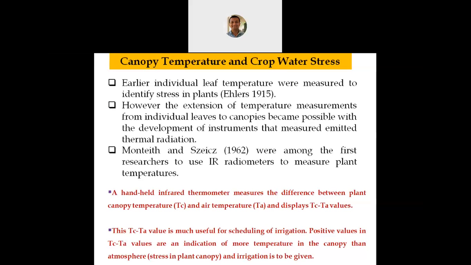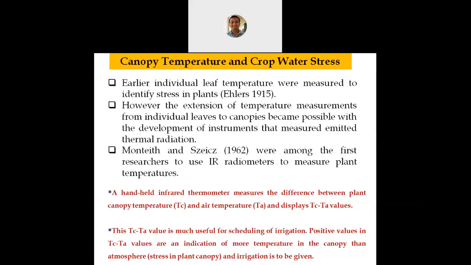Another method is estimating the canopy temperature and measuring the crop water stress. Earlier, individual leaf temperatures used to be measured. Now, extending the temperature measurement from individual leaves to the entire plant canopy became difficult.